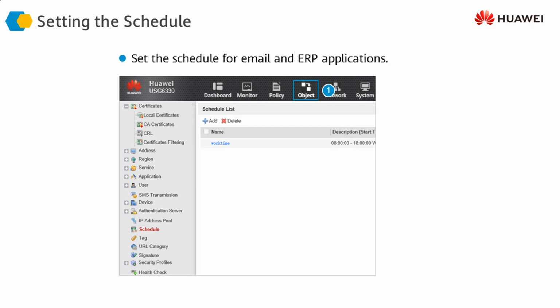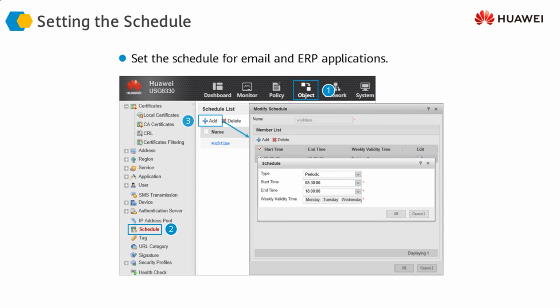In this case, we are doing another additional thing. You can also configure a schedule, which means that this bandwidth management is only going to be active during certain times. We go to object, select the schedule object, and create a new schedule.